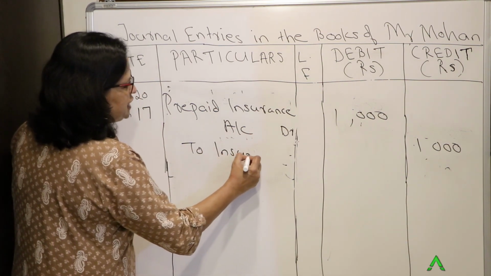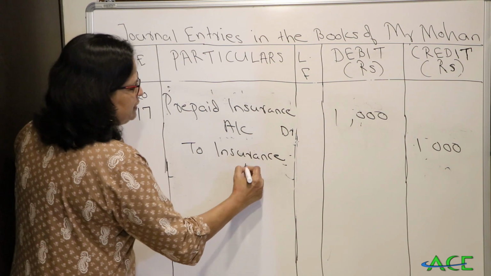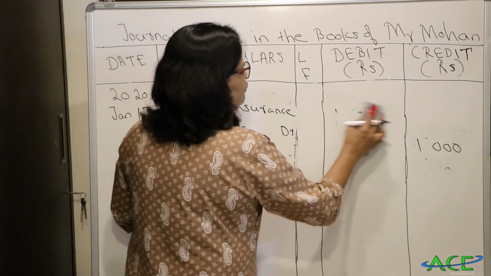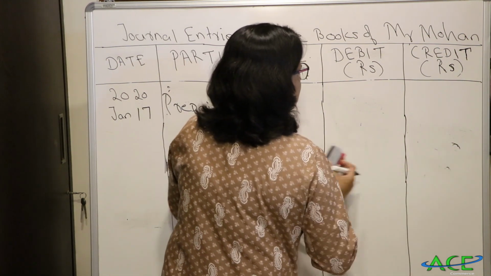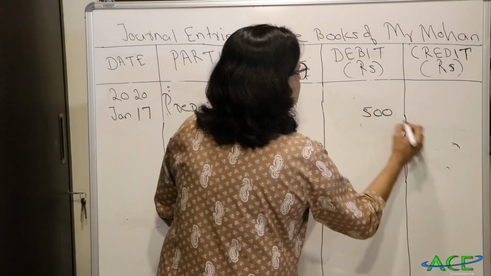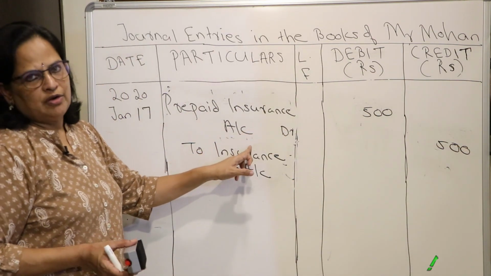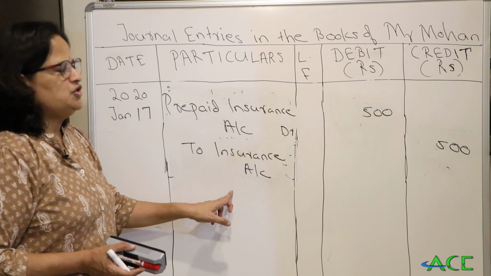This is a usual item in the problem. When we are doing the final accounts, this will be a problem. Value is only 500. So 500, prepaid insurance account debtor to insurance account.